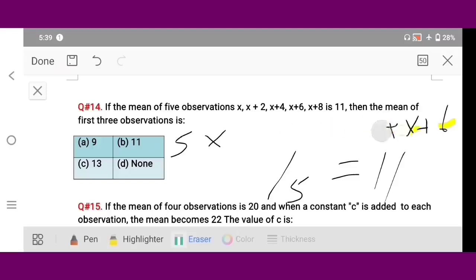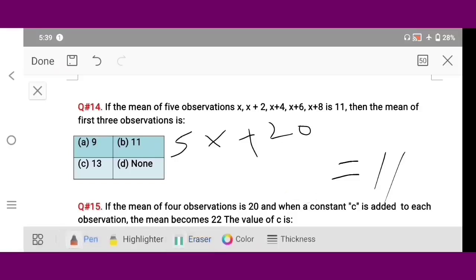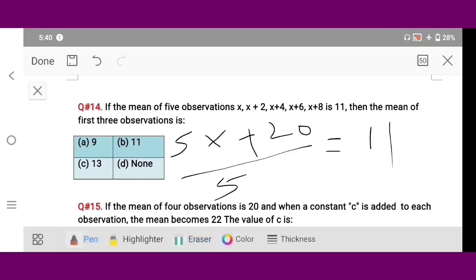So it gives 5x plus 20, divided by 5, gives 11. So if you multiply 5 by 11, it gives 55.